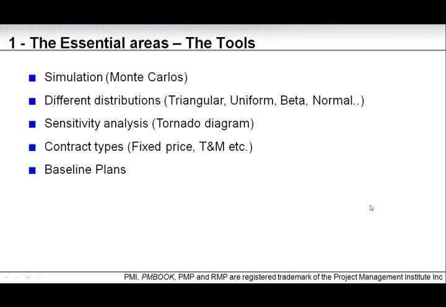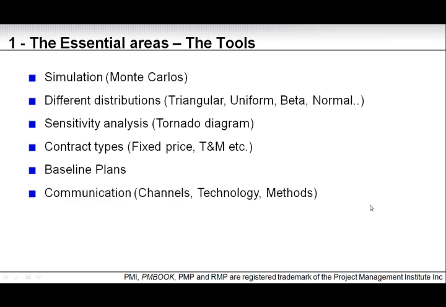And here you need to know what the baseline plans are and when to update them. Communication used to be a separate area in the exam. Now it is integrated into the new areas and is still a very important part. So you need to know communication channels, that's a calculation, communication technology and communication methods.